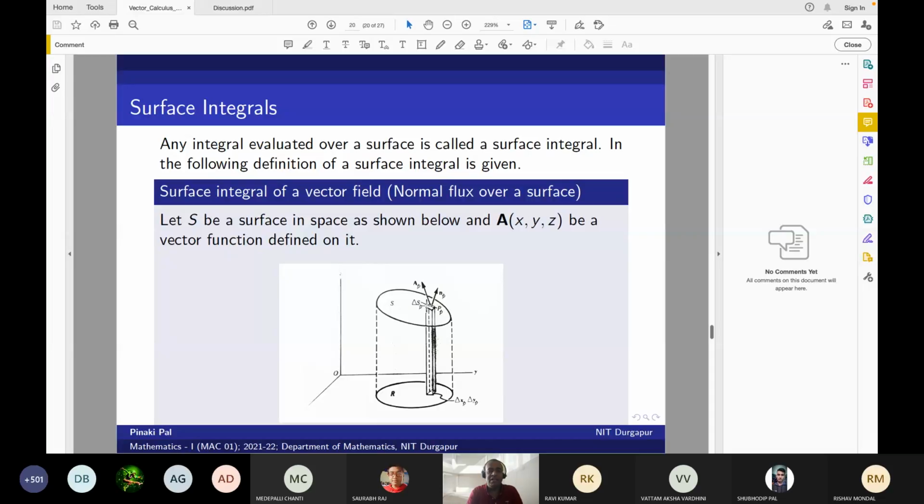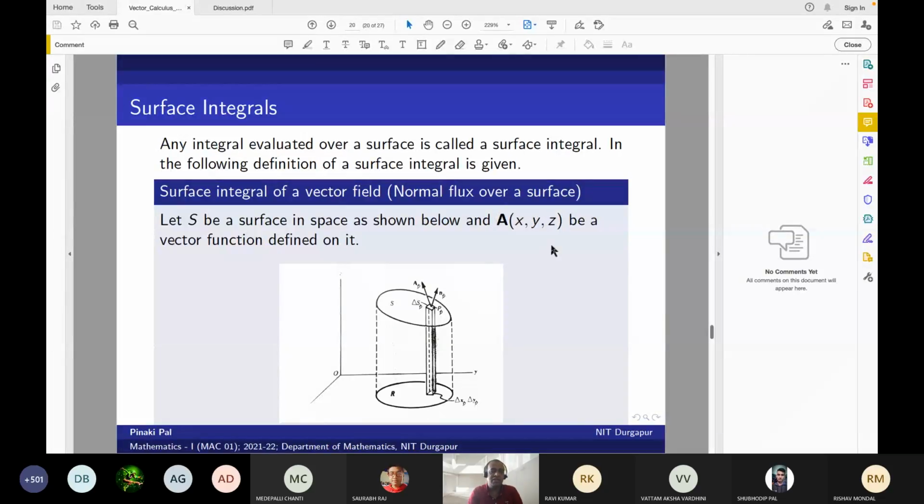Now in this case, let us look at this figure. This is the region S. This surface S is the region in space. A is the vector function, and we will define this surface integral over a vector field.